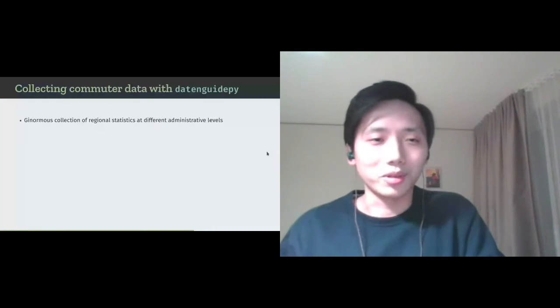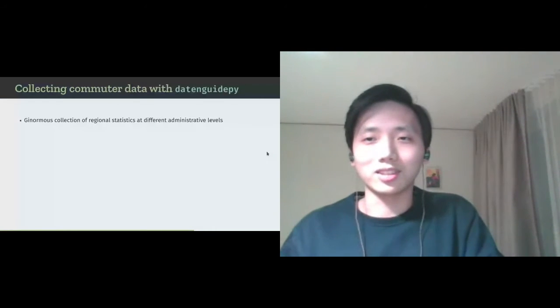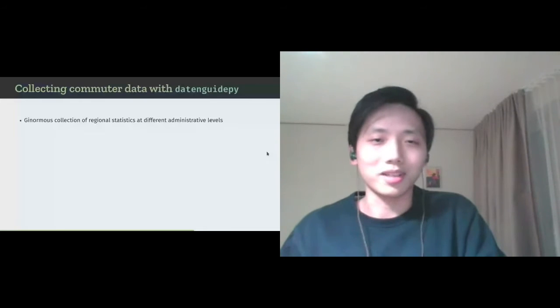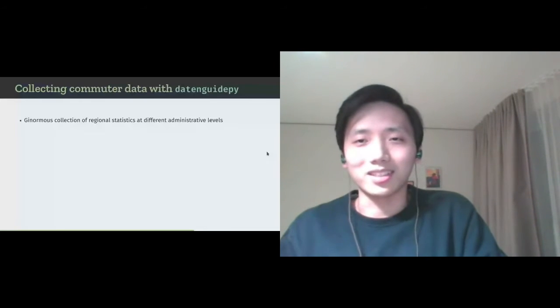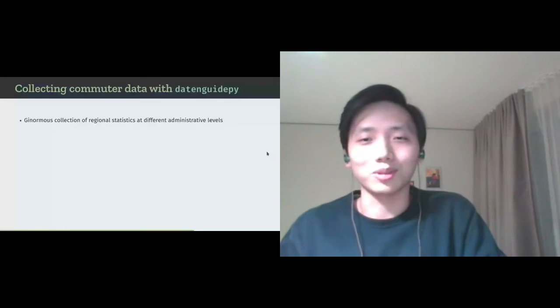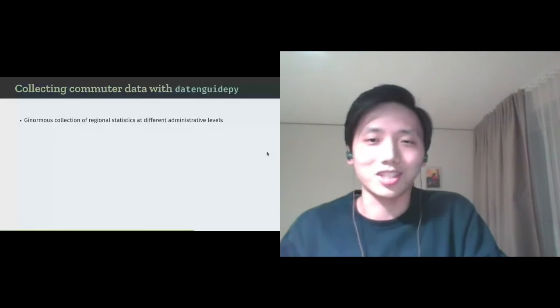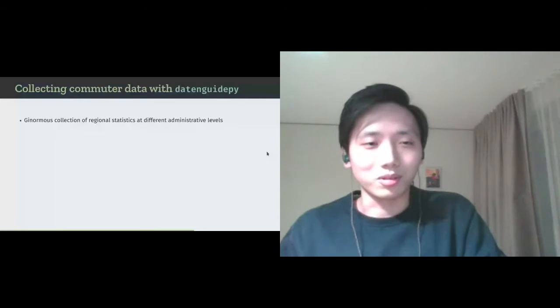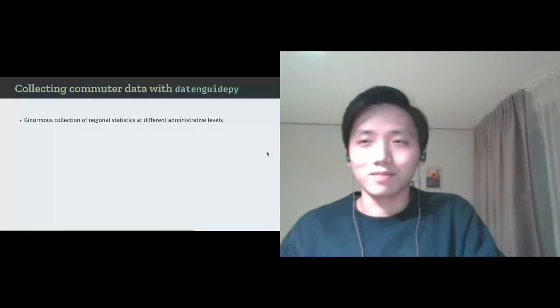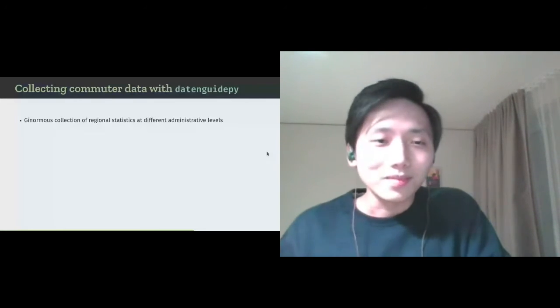Querying data with DatenGuide is straightforward, so thanks Konrad and co. It's just pandas syntax, and it was also fun learning pandas and Python for this challenge. But a caveat is that querying data for a lot of regions and indicators can take a lot of time.